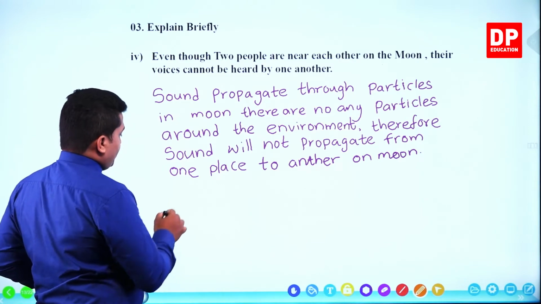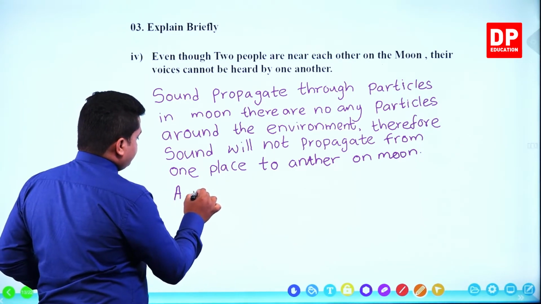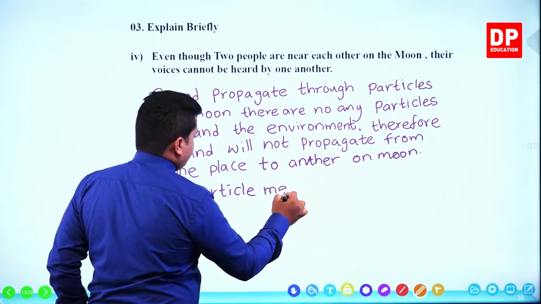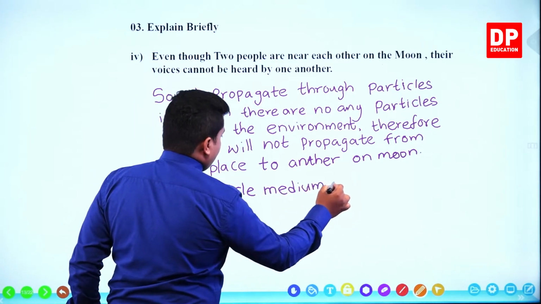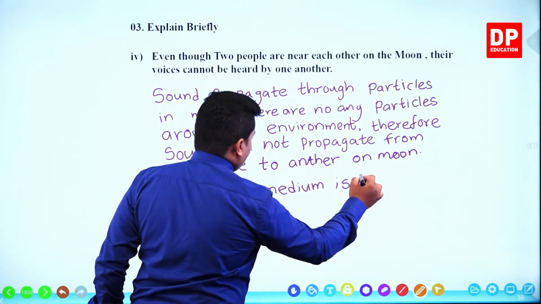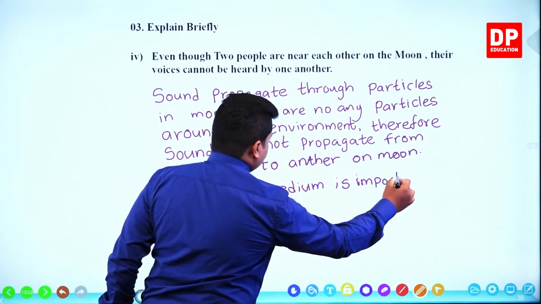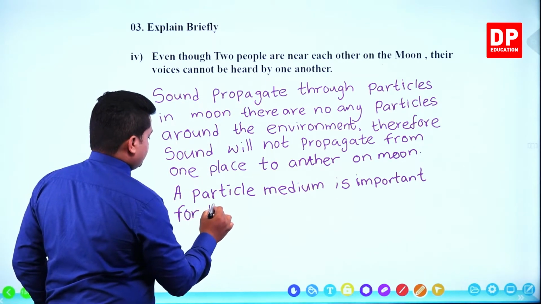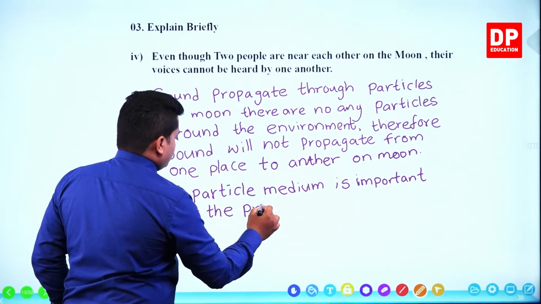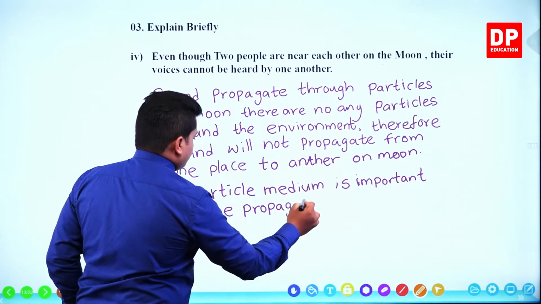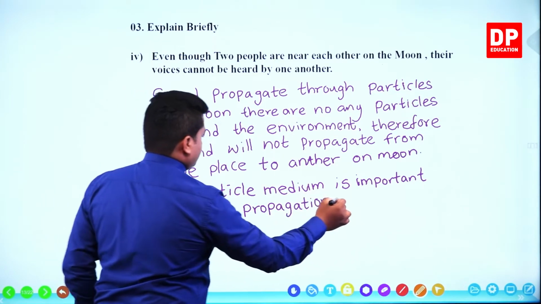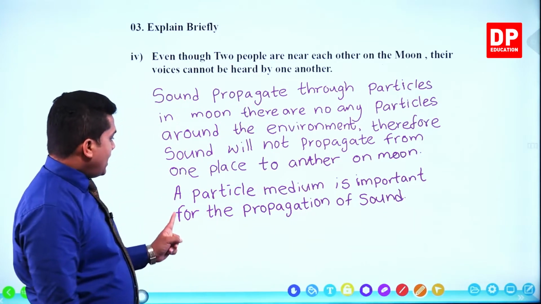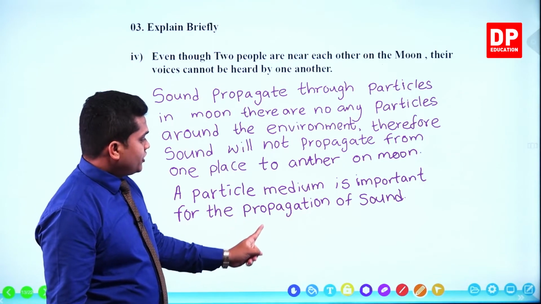So we'll write that also: a particle medium is important for the propagation of sound.